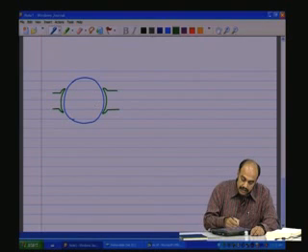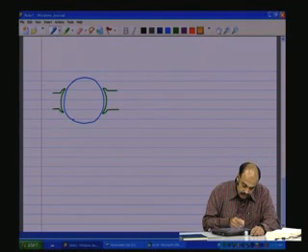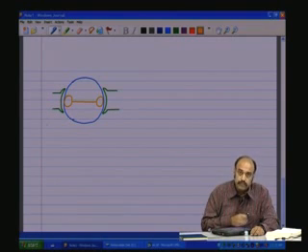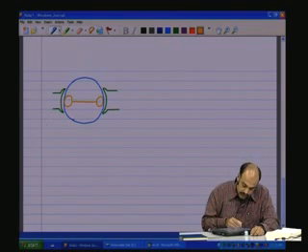Now imagine that inside in the rotor, imagine there is an imaginary dumbbell. So one is the north pole and the other is the south pole.